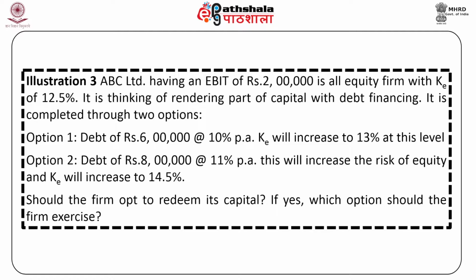KE will increase to 13% at this level. Option 2, debt of 8 lakhs at 11% per annum. This will increase the risk of equity and KE will increase to 14.5%. Should the firm opt to redeem its capital? If yes, which option should the firm exercise?